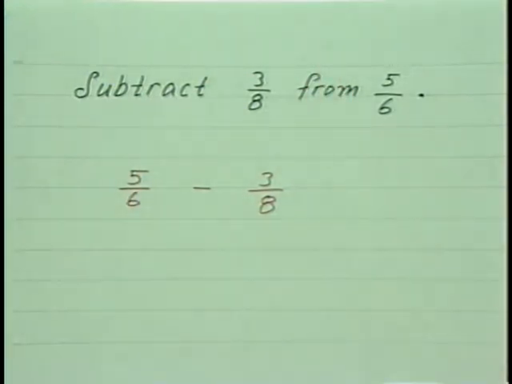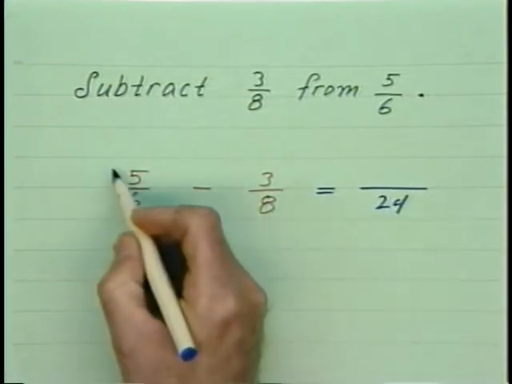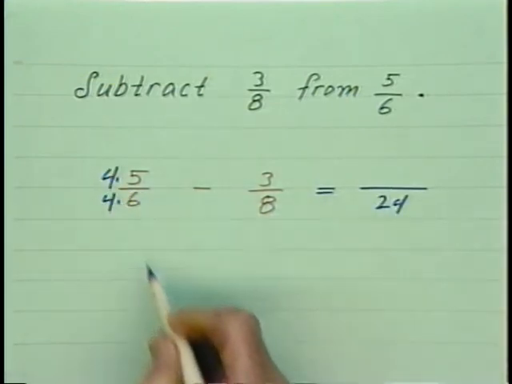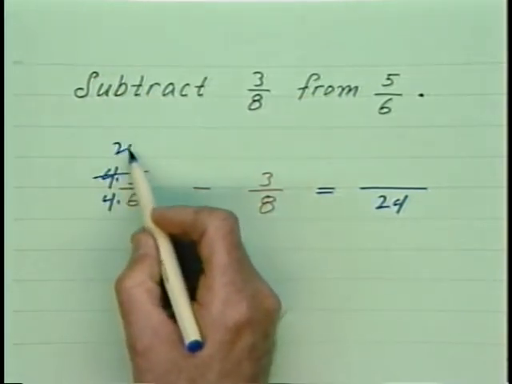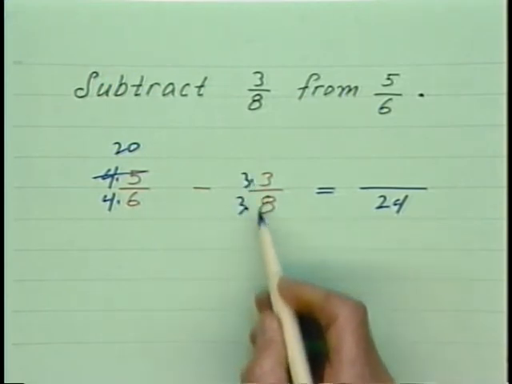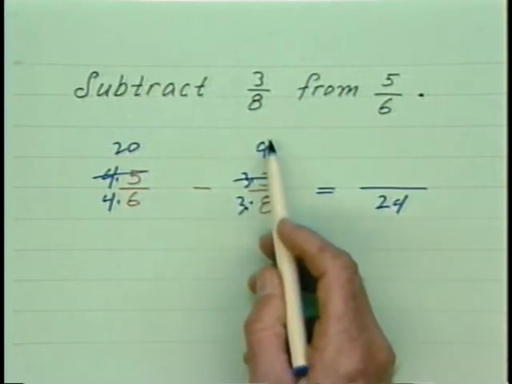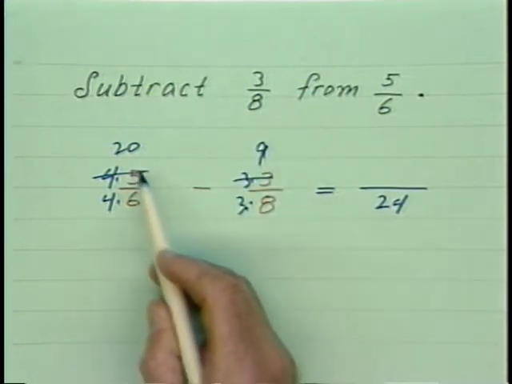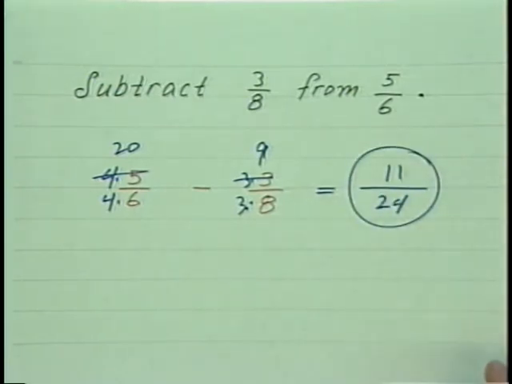Okay, let's go ahead and work this very quickly. You can see that the lowest common denominator is 24, which will be the denominator of my answer. I need to multiply top and bottom here by 4, getting a new numerator of 20. I need to multiply top and bottom here by 3, getting a new numerator of 9. 9 subtracted from 20 is 11, and I'm done.